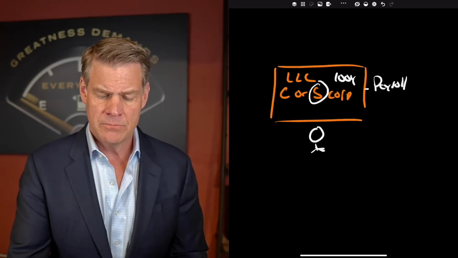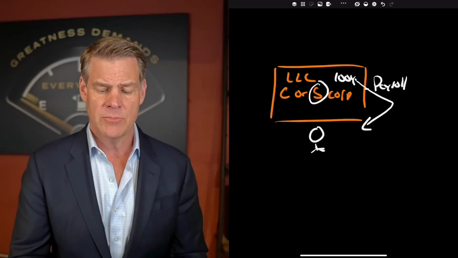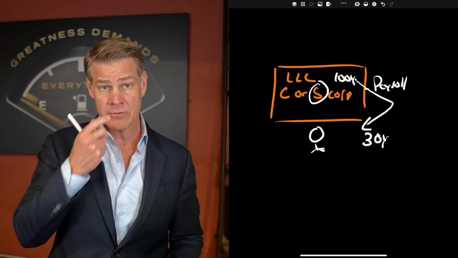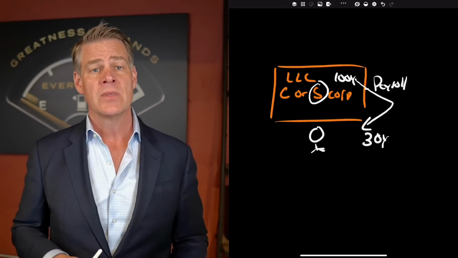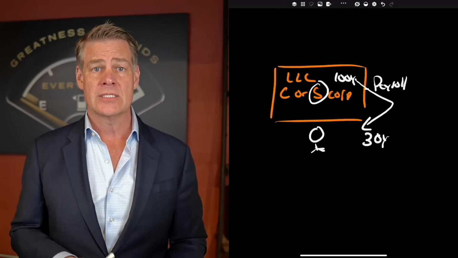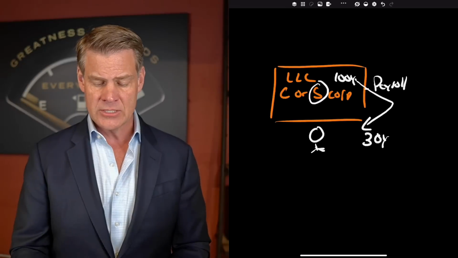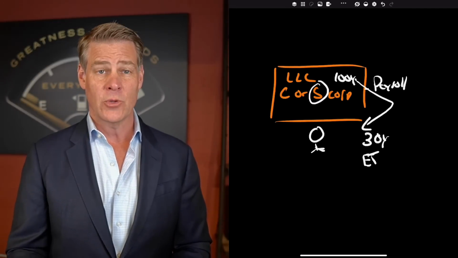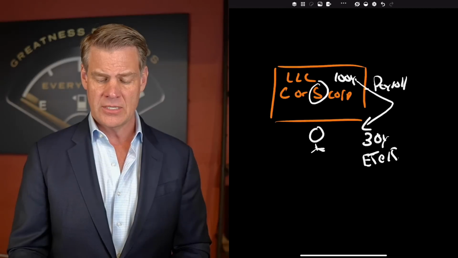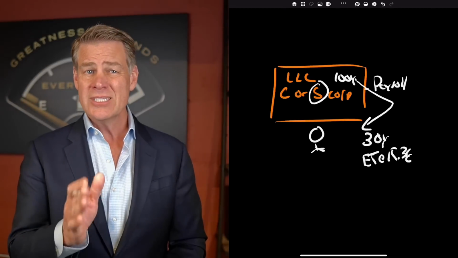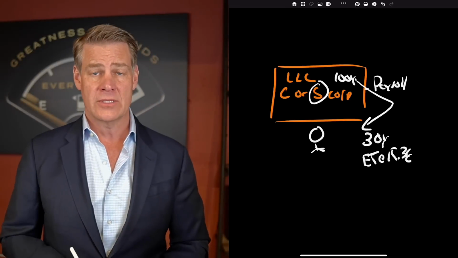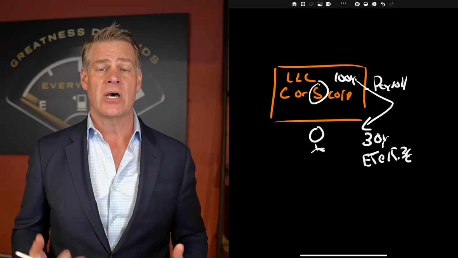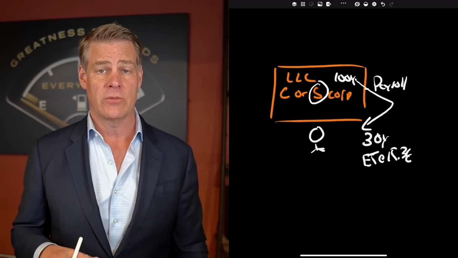Well, I'm going to pay part of this as payroll. So let's say I take out $30,000 as payroll. So I'm on a salary there. So that money comes out to me as salary. When I take that money out as salary, it's subject to income taxes, and it's going to be subject to employment taxes. Okay, we'll just put ET, employment taxes, at 15.3%. So this is why I didn't pull out the full $100,000 as salary, because if I did that, then I'm going to have $100,000 subject to 15.3%.